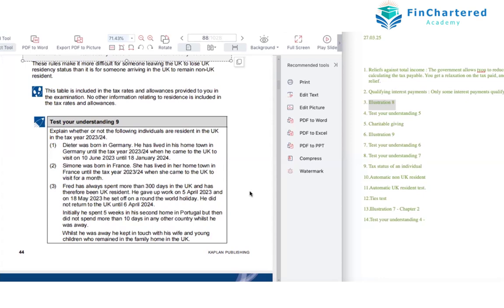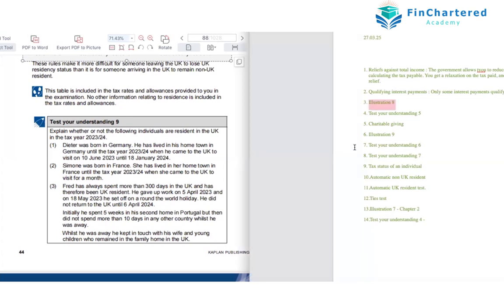So he has stayed in the UK for how many days? 10th June to 18th Jan. June, July, August, September, October, November, December. He stayed for more than 6 months, more than 183 days, Dieter has stayed in the UK. More than 183 days. So automatically he falls in which category? UK resident category. Automatic.